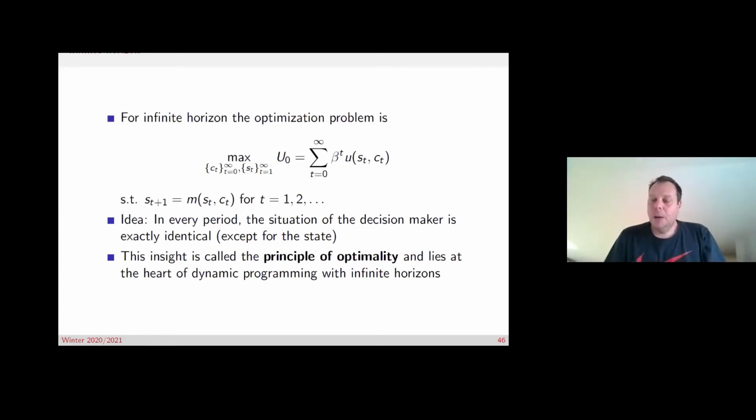But you need this discounting factor somehow to make the objective converge, right? If this was not the case, and you said, okay, I value the future consumption of my future offspring the same way as I consider my own consumption, well, then there's no point in planning anything.